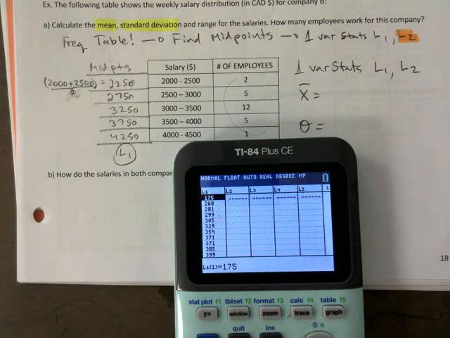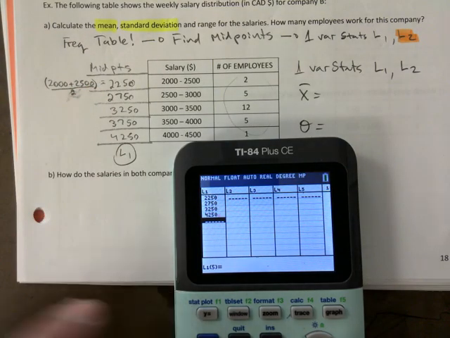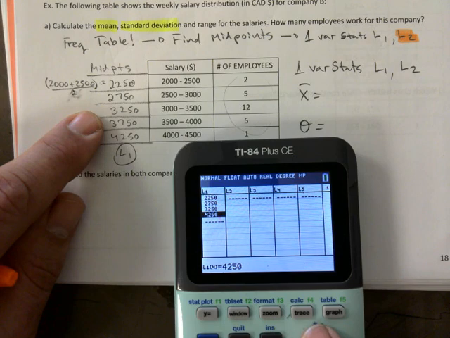Some of you might have to also tell yourselves how to find this. So we go 2250, 2750, 3250, 4250. 5 values. I missed one, didn't I? 3750. Forgot about 3750.